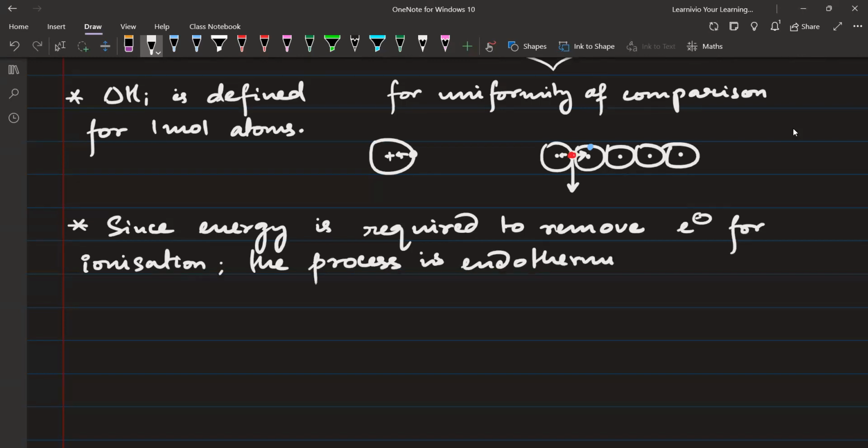That means the atom is going to require energy; we have to give energy to the system. That leads to a positive change in enthalpy. That is why delta H is always positive, because we give energy to the system, and the energy of the system increases. When something increases, that change is positive.